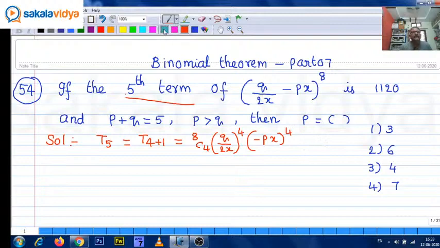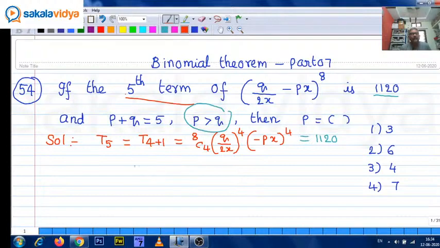This is given equal to 1120. Now we need to find the p value, keeping the condition p greater than q.